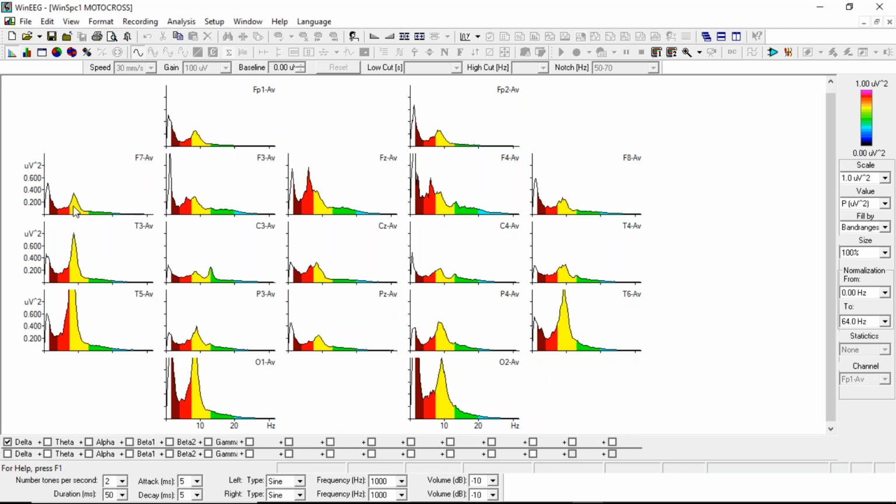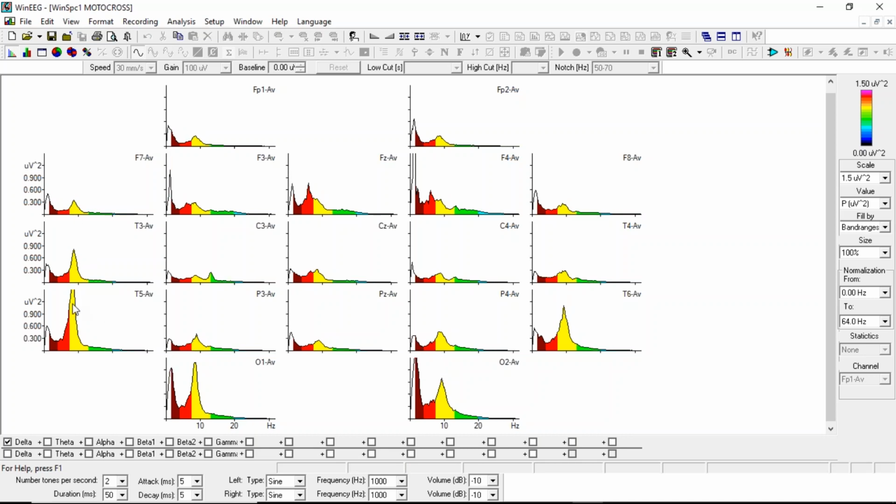So the athlete does not have a lisp. There's no stammering, there's no stuttering, but there is definitely tip of the tongue phenomena, forgetting the words. I have the word at the tip of the tongue, but I cannot say it, and somebody else reminds me what the word is, or I just remember it a few minutes later or a few hours later. And here's the compromise on the memory, verbal memory, short-term verbal memory, T5, Wernicke's area, and the headaches.